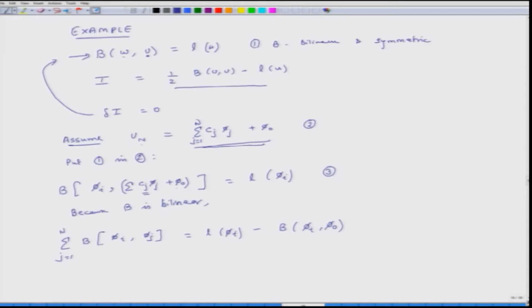Because it is bilinear, I can separate this phi naught separately, and I can take Cj also out of the bracket.